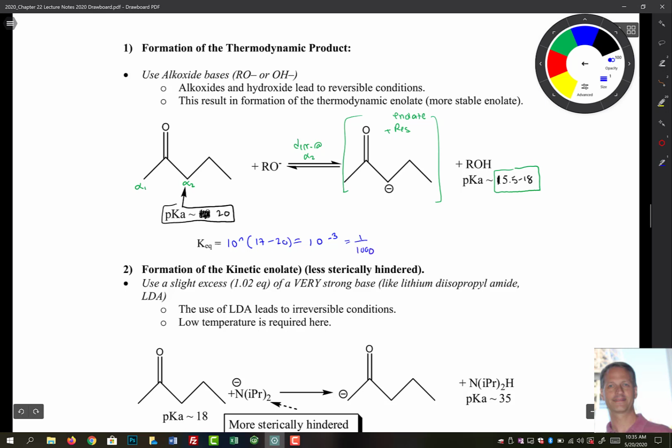All right, so what that means is that we fall within that realm of being near equilibrium. So we're close here to equilibrium. Okay, so that coupled with a high temperature will lead to the thermoenolate.